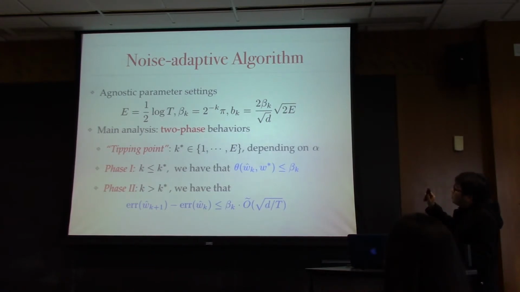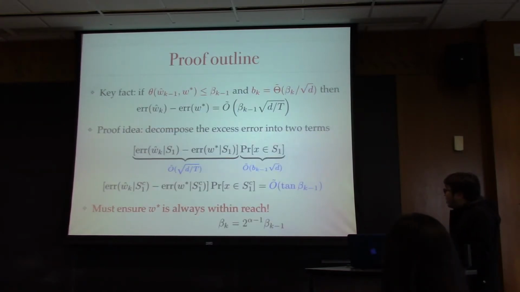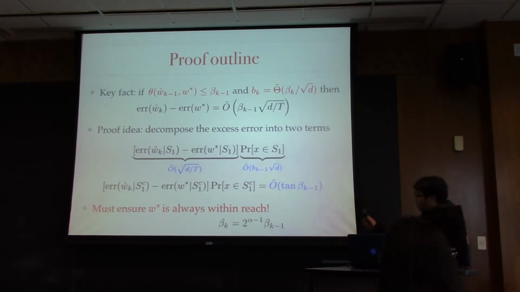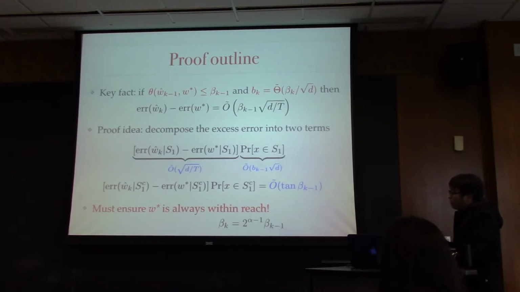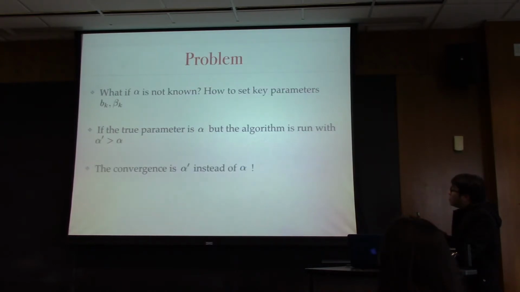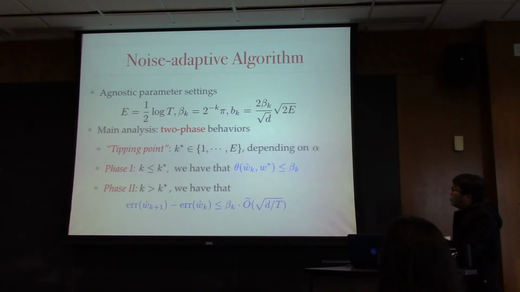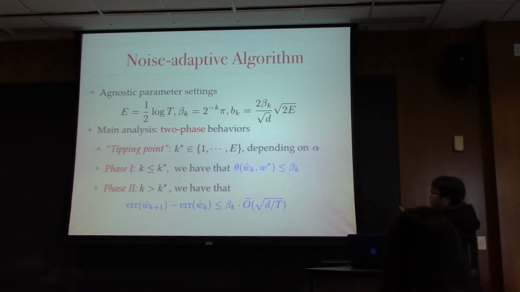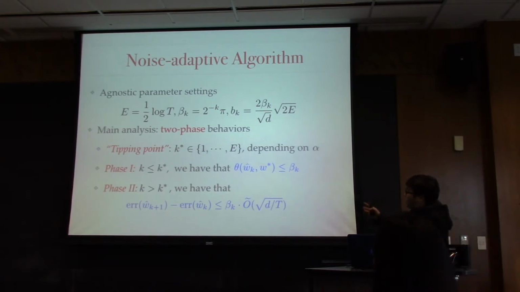However, this simple setting does not completely solve the problem, because as we remarked earlier, if beta k shrinks too aggressively, you cannot ensure that the optimal Bayes classifier W star is always within reach in your search space. So we need to change the analysis as well. We observed that if you set beta k in this way, there would be a tipping point, which is an iteration k star in all of your capital E iterations.